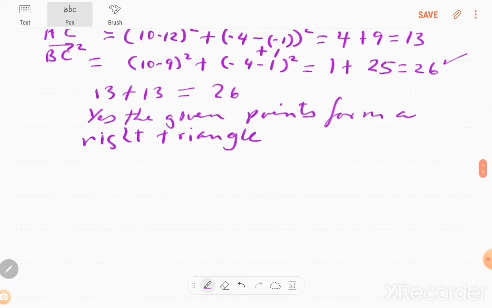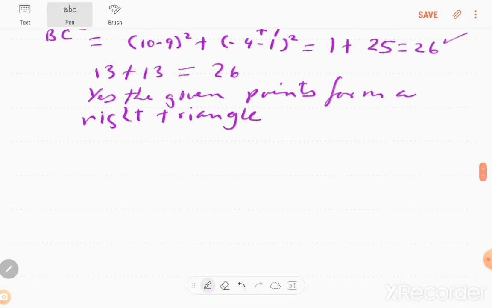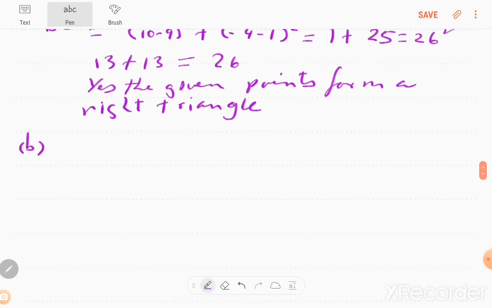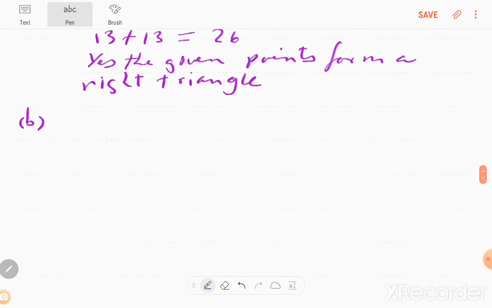Okay, let's look at one more example. Example B. Do these points form a right triangle when connected by a straight line?